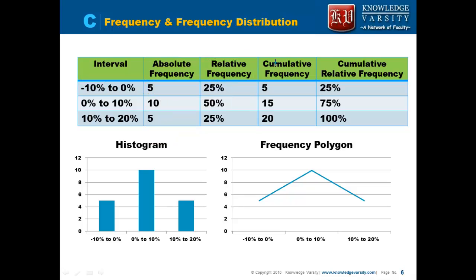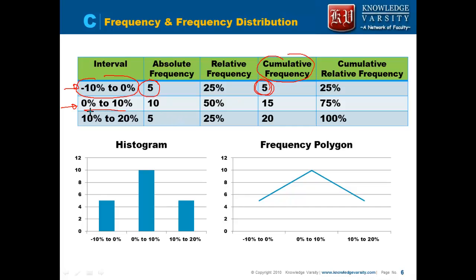Then we have a concept of cumulative frequency. Cumulative frequency is the frequency from the first class up till that class. As an example, for this class the absolute frequency is 5 and there is no previous class, so the cumulative frequency of this class will be equal to the absolute frequency.